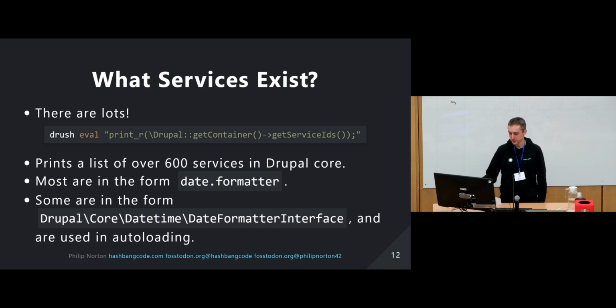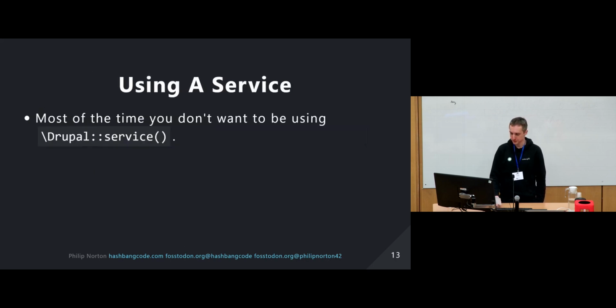Some of them are also in this kind of long string interface stuff, and that's for auto-loading, which we'll come on to later, but yeah, there's a big list of them. So rather than sit here and explain exactly what's in there, you should probably go and have a look, really, because I'm not going to go through 600 services in a talk.